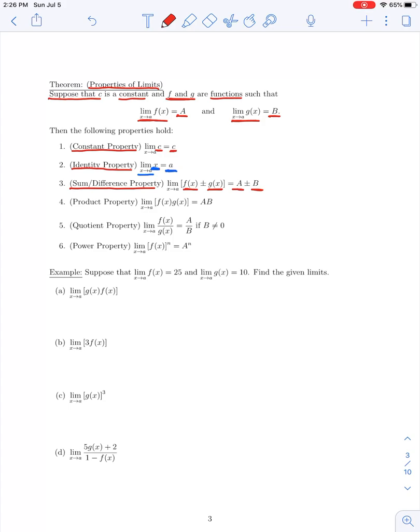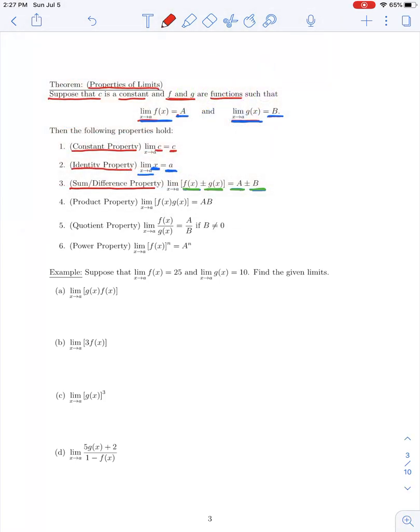First, the sum property says, if the limit of a function f is A, and the limit of a function g is equal to B, as we're approaching some number, then the limit of the sum f of x plus g of x would be the sum of the limits, A plus B. And equivalently, the difference property says, if we were taking the limit of the difference, f of x minus g of x, the limit would be capital A minus capital B. That is, the limit of a difference of functions is equal to the difference of the limits.